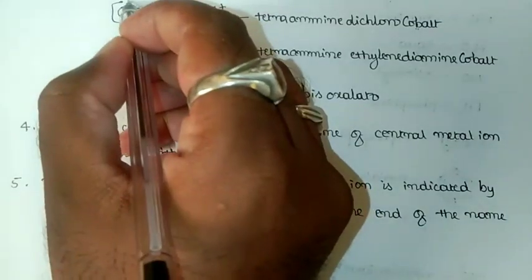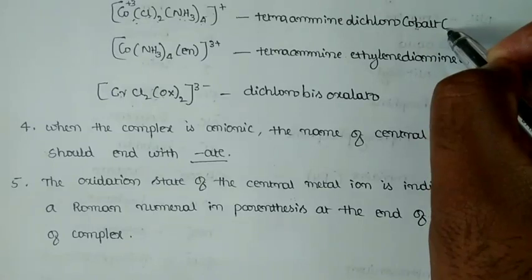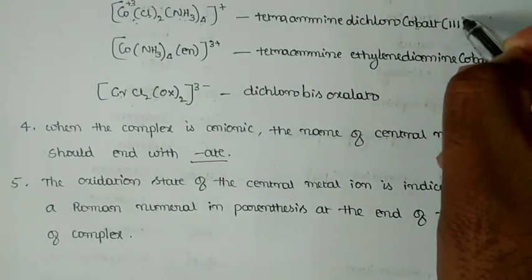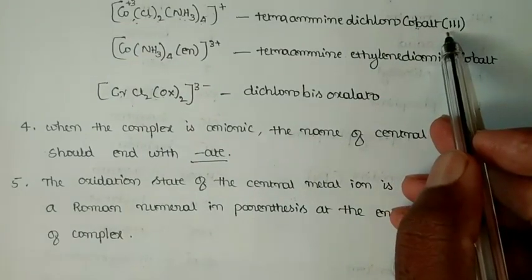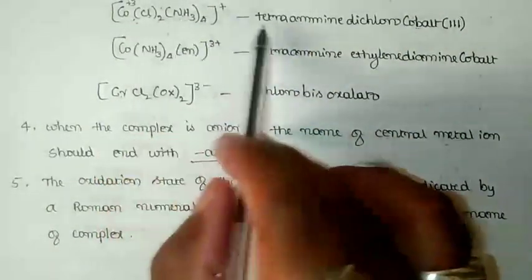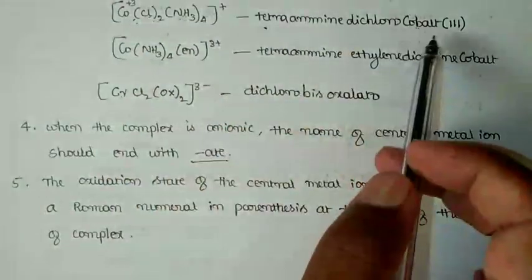So here cobalt is in the +3 oxidation state. The oxidation state of cobalt should be indicated in Roman numeral at the end of the name of the complex in parentheses. So the whole name will be tetraamminedichlorocobalt(III).